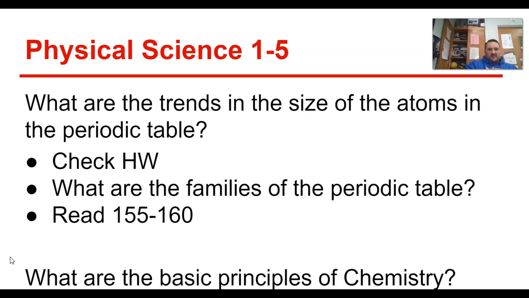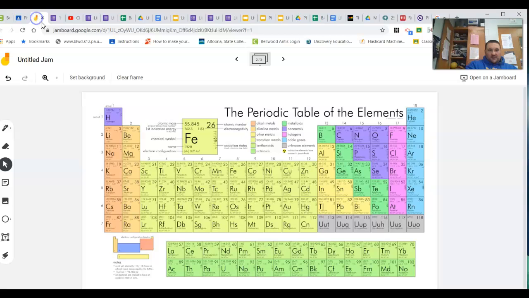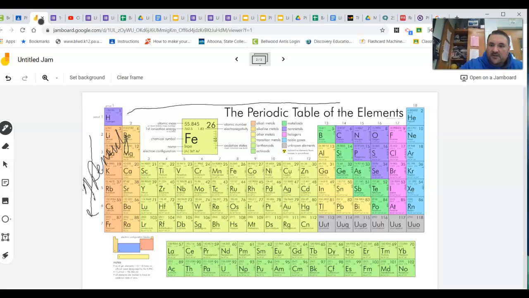When it comes to trends, you can say that the density goes up as you go down the periodic table. As you go from right to left, density decreases.